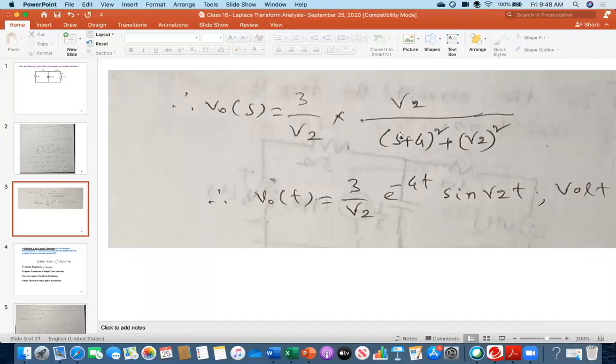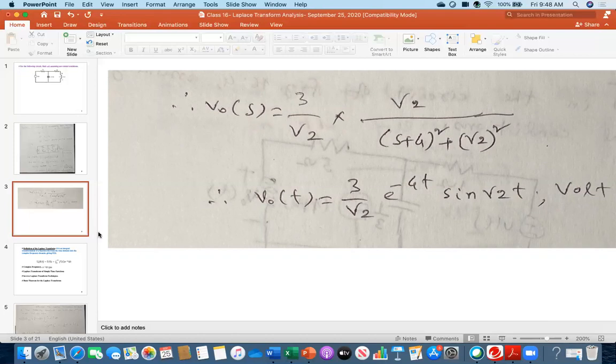And why did I do this? Because there is a pattern of sine of omega t. You look, this is like sine of omega t and e to the power minus alpha t. So by looking at this format, I can easily put what my inverse transformation, my time domain function, is. Therefore, this is 3 over root 2, and this portion is giving me e to the power minus 4t and sine of root 2 t.